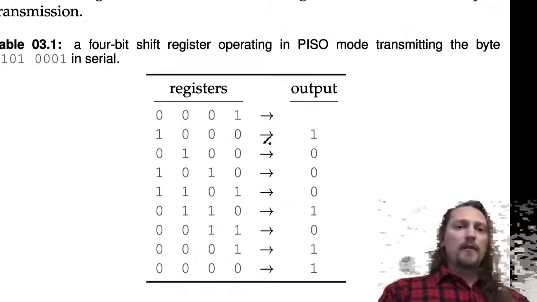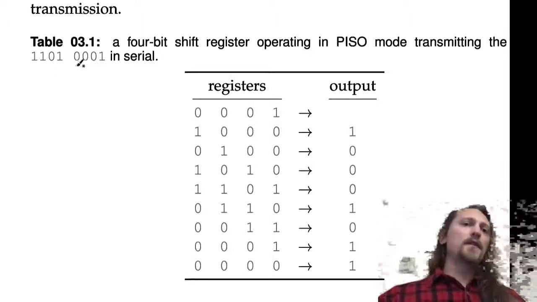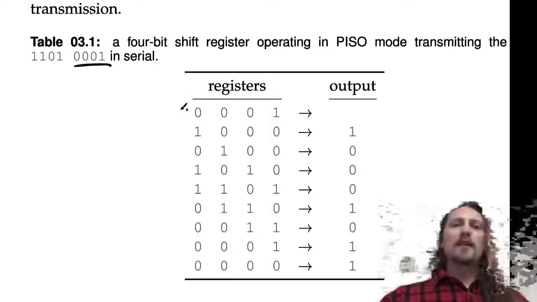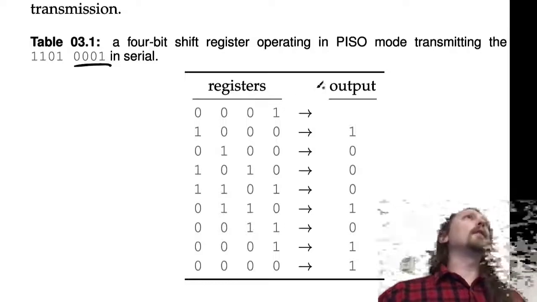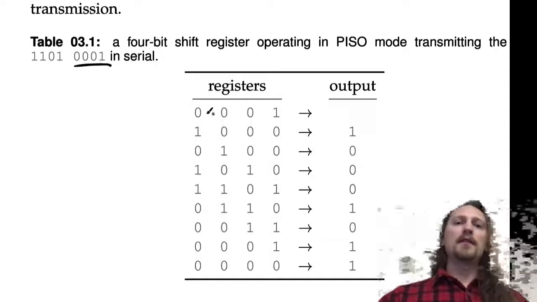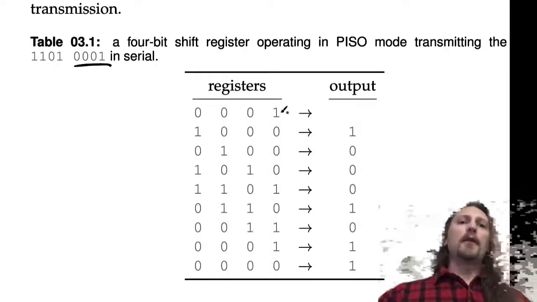So we take the first nibble, 4 bits, right? A nibble, and it gets put into the 4 bits of the shift register. And so we got 0001, and that's the loading step.